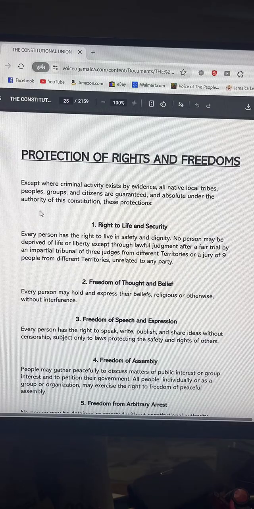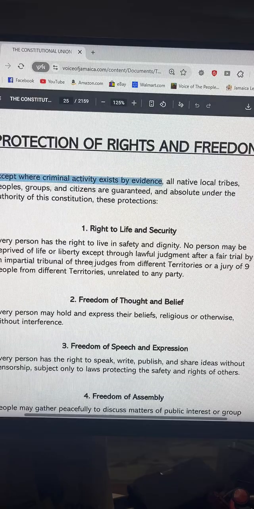So it starts out by saying, except where criminal activity exists by evidence, all native local tribes, peoples, groups, and citizens are guaranteed and absolute under the authority of this Constitution these protections. So if you notice how it starts out, except where criminal activity exists by evidence, right? So the only thing, let us zoom in a little bit.